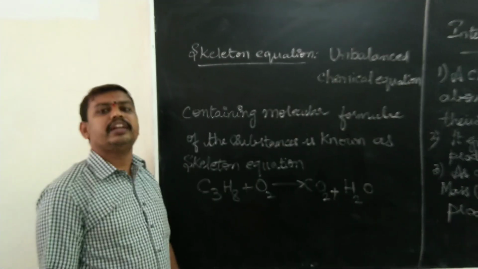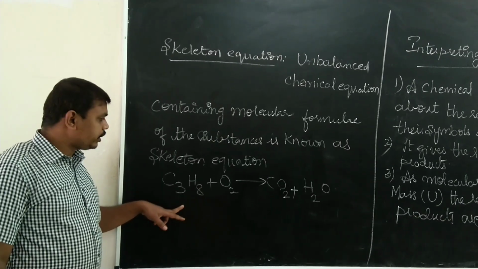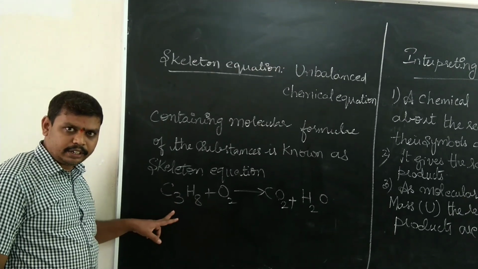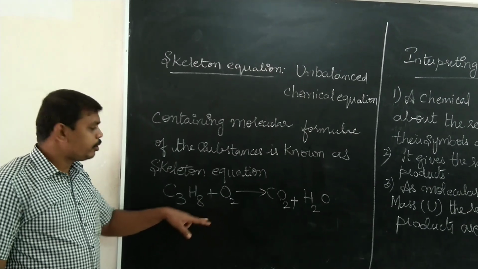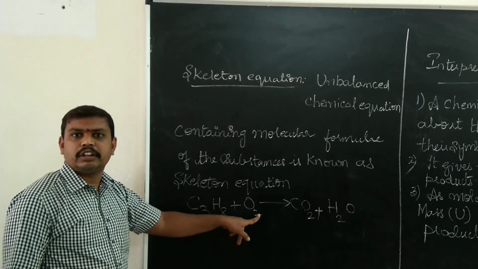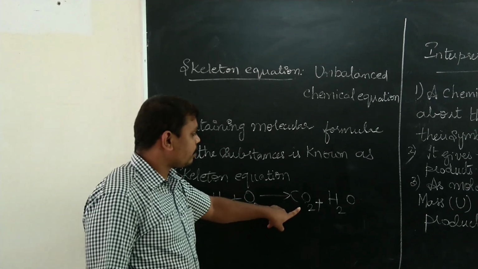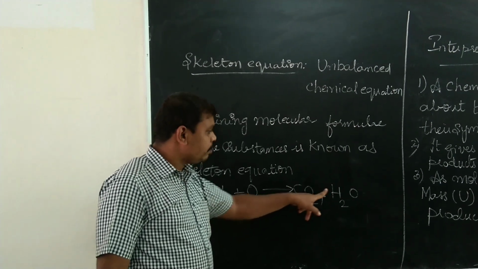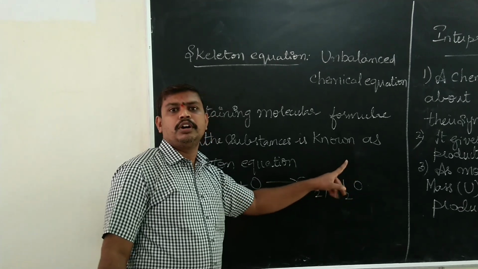In this example, C3H8, that means it contains 3 atoms of carbon and 8 atoms of hydrogen, plus 2 molecules of oxygen will give rise to what here? Carbon dioxide, 1 atom of carbon and 2 atoms of oxygen, plus water, 2 atoms of hydrogen and 1 atom of oxygen.